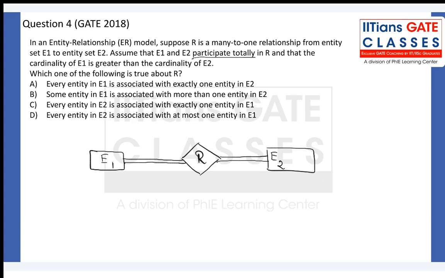Let's take an example, because E1, E2 may not be very useful. Let's say there is student and there is a course, and the relationship is takes a course, which means every student takes a course.